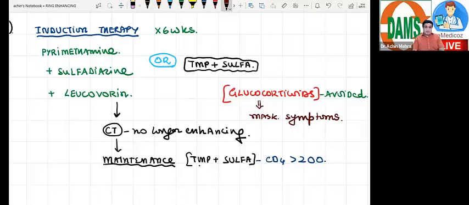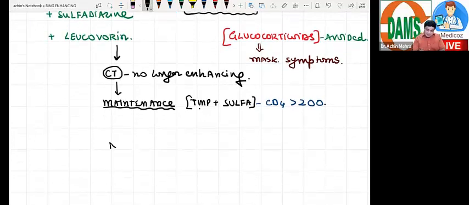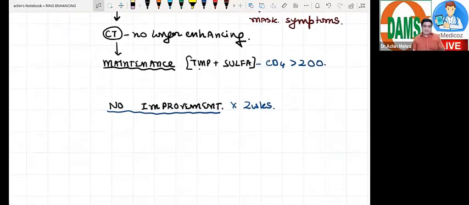Now, there's another thing that we should know about toxoplasmosis. If in our patient there is no improvement for 2 weeks, that means my patient is as bad and sick as earlier, and may even go worse sometimes. What is the next thing I should consider?